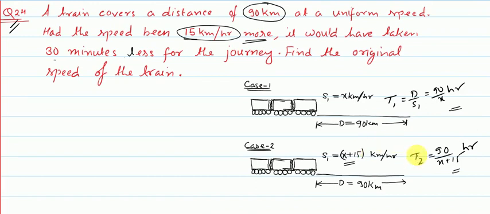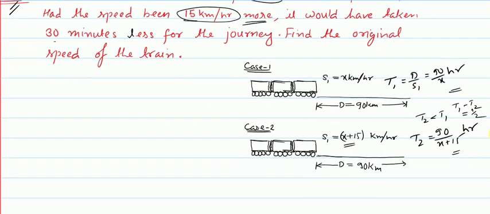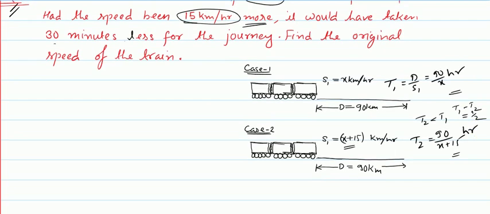So t2 will be less than t1. Now t2 will be less than t1 by how much? That would be calculated by t1 minus t2, and that will be equal to 30 minutes. But 30 minutes in hours will be how much? Half an hour. Okay, so let us see the solution.